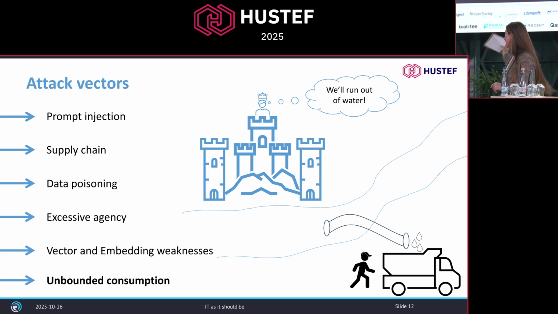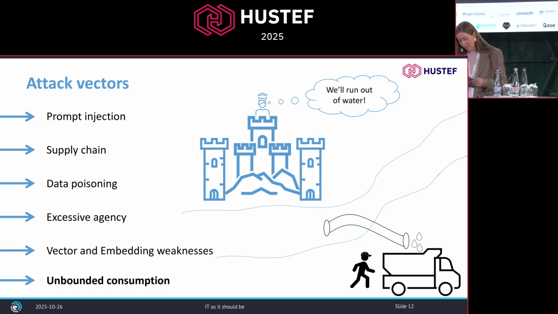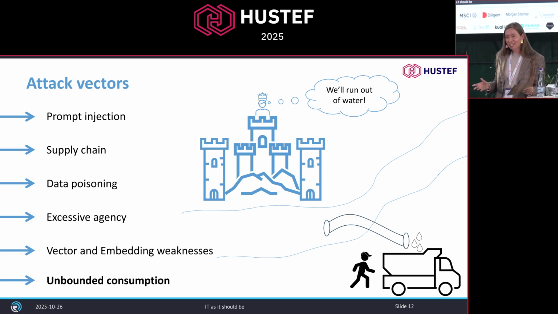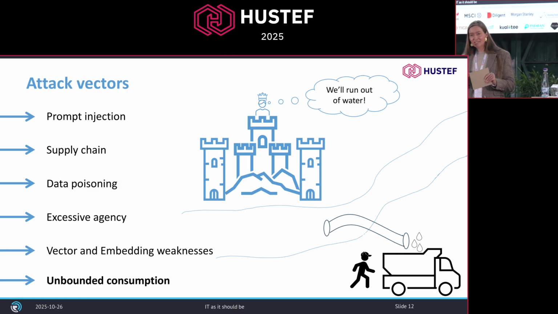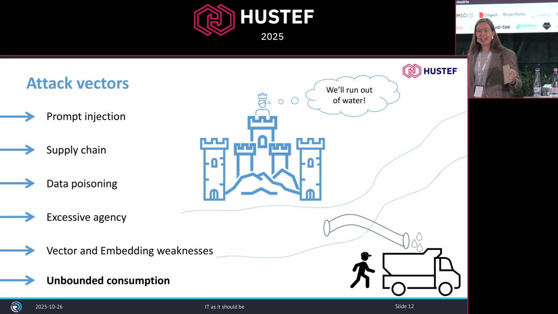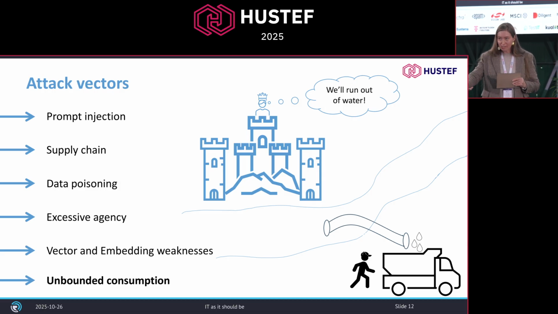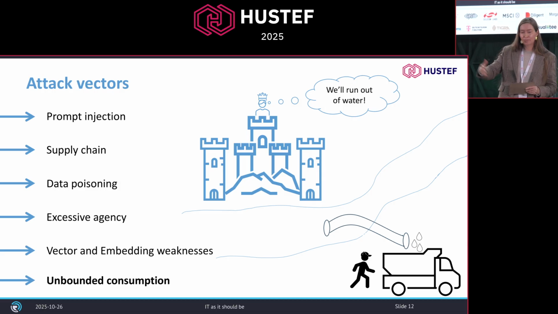And finally, for the attack vectors, one more traditional way of harming systems is overloading the system. It's super straightforward, and the main point to keep in mind is that LLMs on their own don't have any built-in limitations on how much they should process or how much they should output.